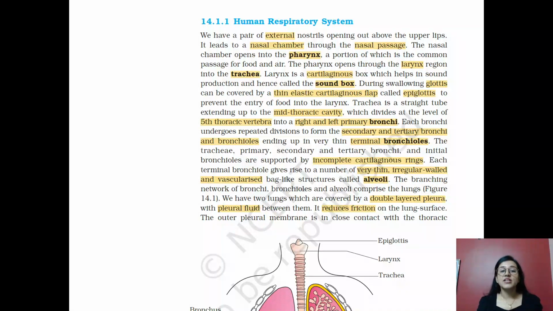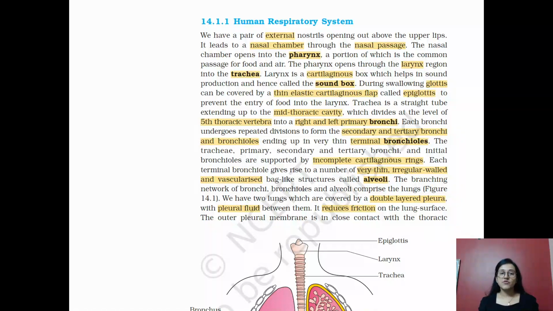It leads to a nasal chamber through the nasal passage. The nasal chamber opens into the pharynx, a portion of which is a common passage for food and air. The pharynx opens through the larynx region into the trachea. Larynx is a cartilaginous box which helps in sound production and hence is called the sound box.